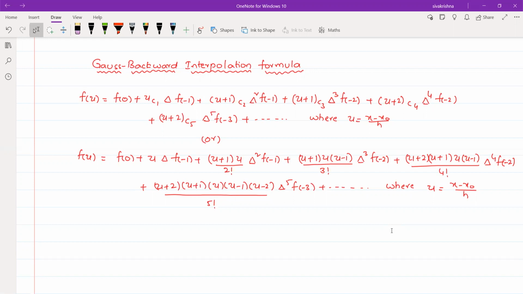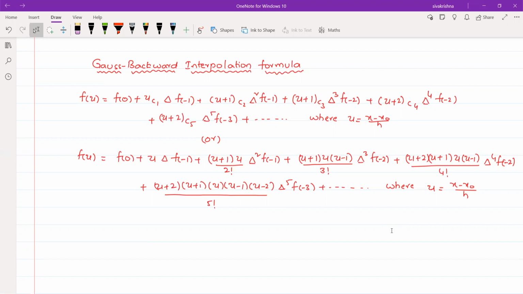And this can also be written as f of u is equal to f of 0 plus uc1, the value of uc1 is u. So u into delta f of minus 1 plus u plus 1 c2, which means we have to write two factors by reducing one from each factor starting with u plus 1.